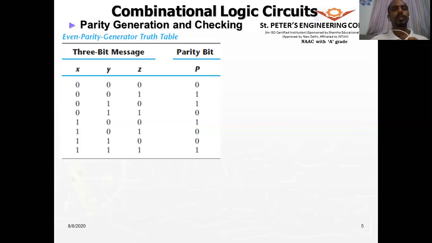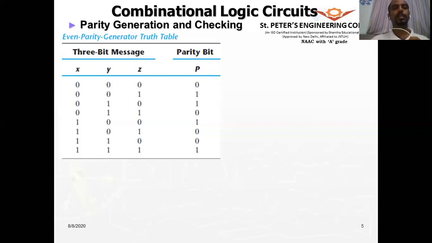This is used in many applications in transmission and reception. We will be transmitting in terms of zeros and ones. So how will the receiver know whether there is any error, any noise that caused corruption of the message?